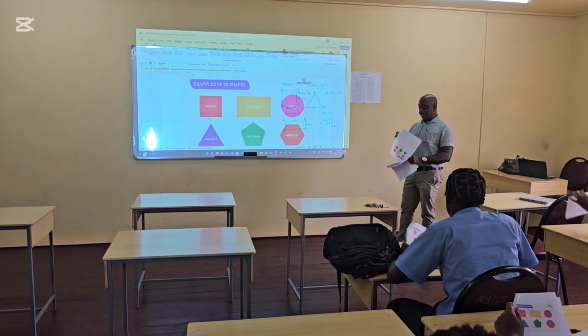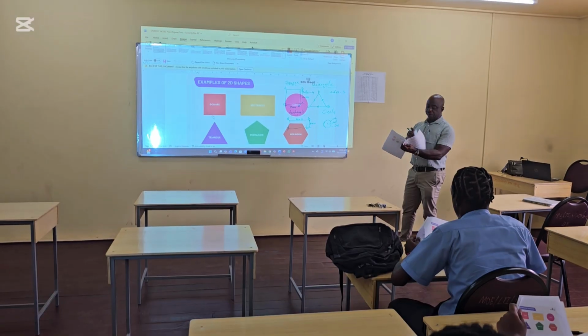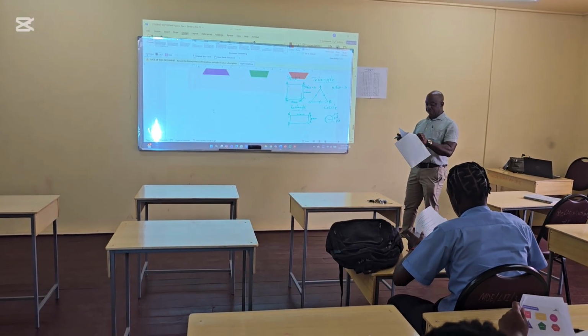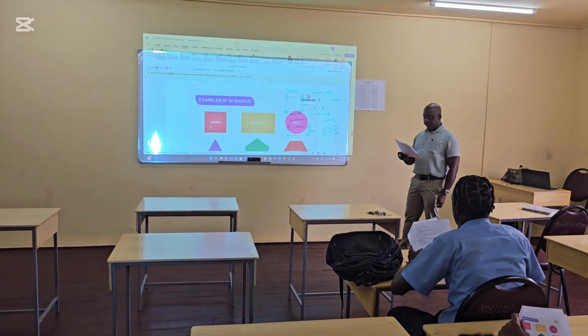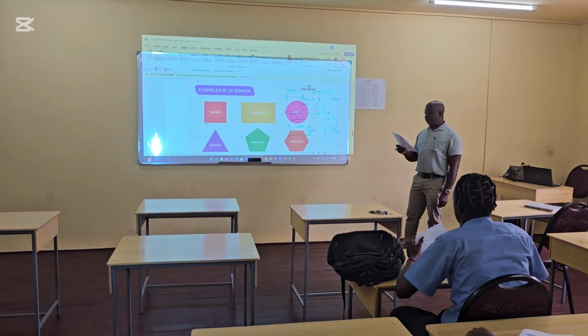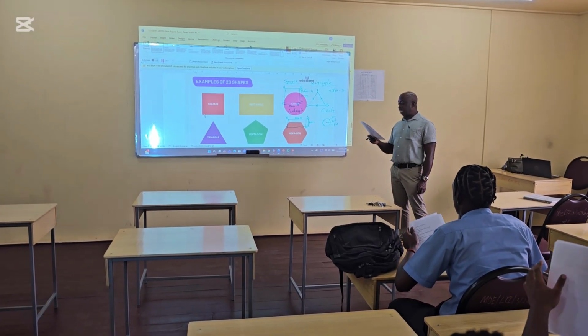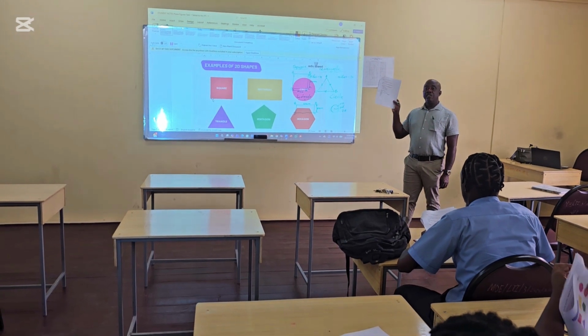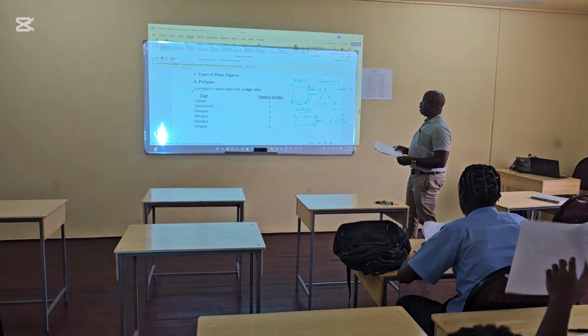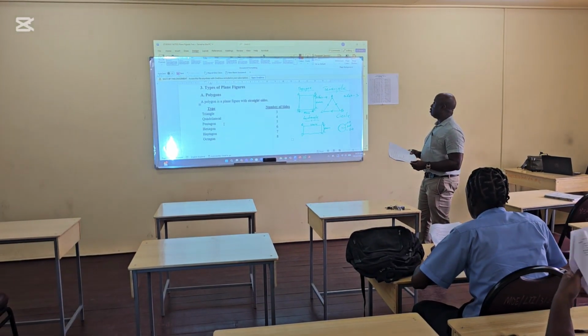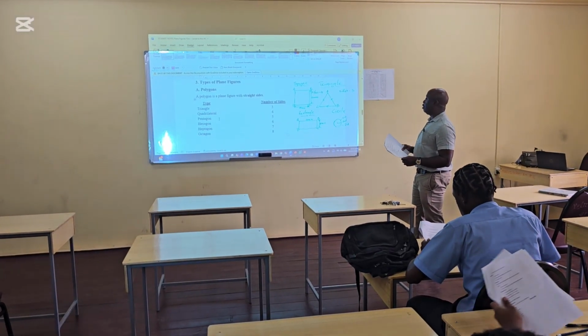Now let us go back and look finally at the types of plane figures and the number of sides they have. We have the triangle. The triangle, as we have discussed, has 3 sides.